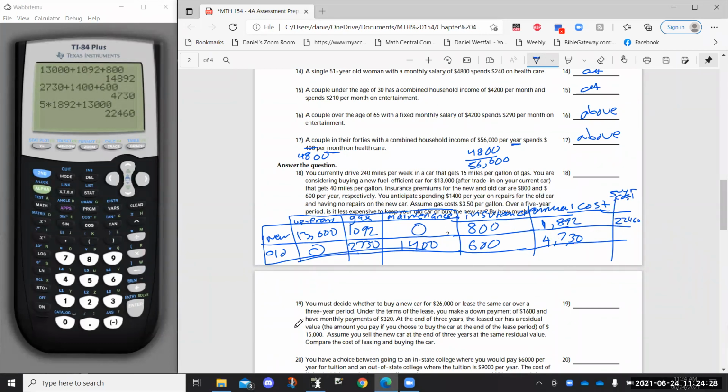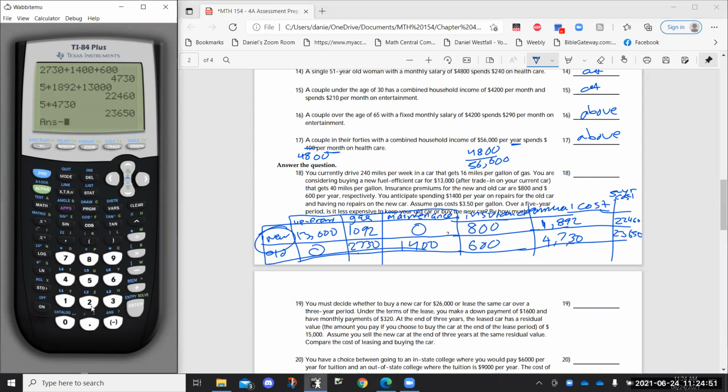And I just have my 5-year cost of this one, 4730 times 5, which is 23,650. Now you can see that the new car is the cheaper option here. So let's find out how much better of a deal it is.